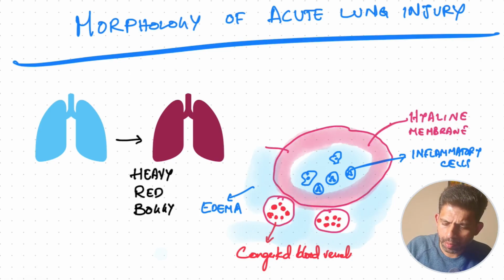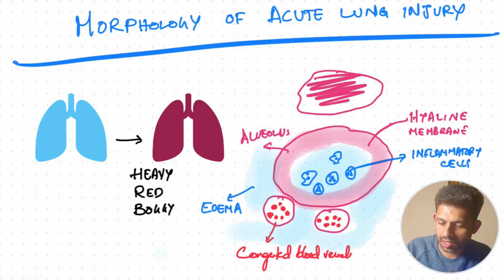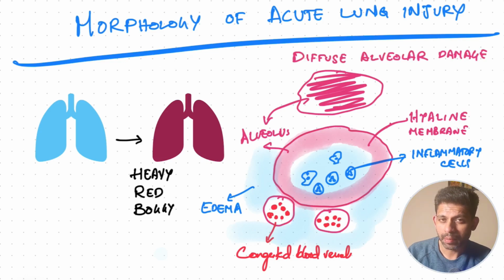Some of the alveoli may be dilated, while some may be collapsed. This entire microscopic picture is called diffuse alveolar damage. These hyaline membranes are similar to those seen in neonatal respiratory distress syndrome, classically called as hyaline membrane disease. Same morphology but different mechanism.